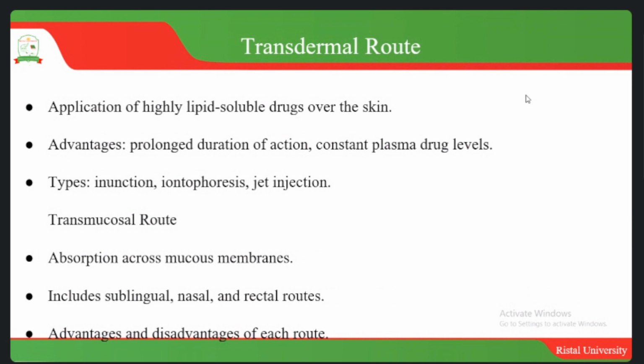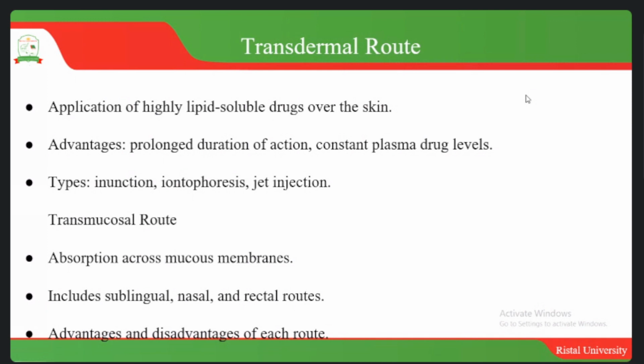As earlier mentioned, for the rectal route we put the drugs around the rectum and it is absorbed by the blood vessels and the mucous membranes around the rectum. So the absorption across the mucous membranes can be through sublingual, the tongue, can be through the nostril, especially for those who bleed through the nose, and also the rectal route, through the transmucosal way of drug administration.